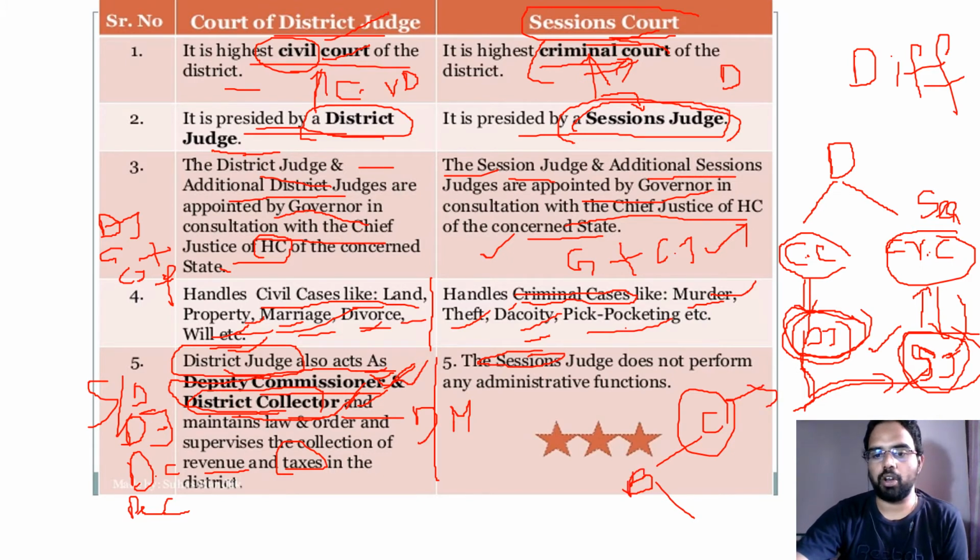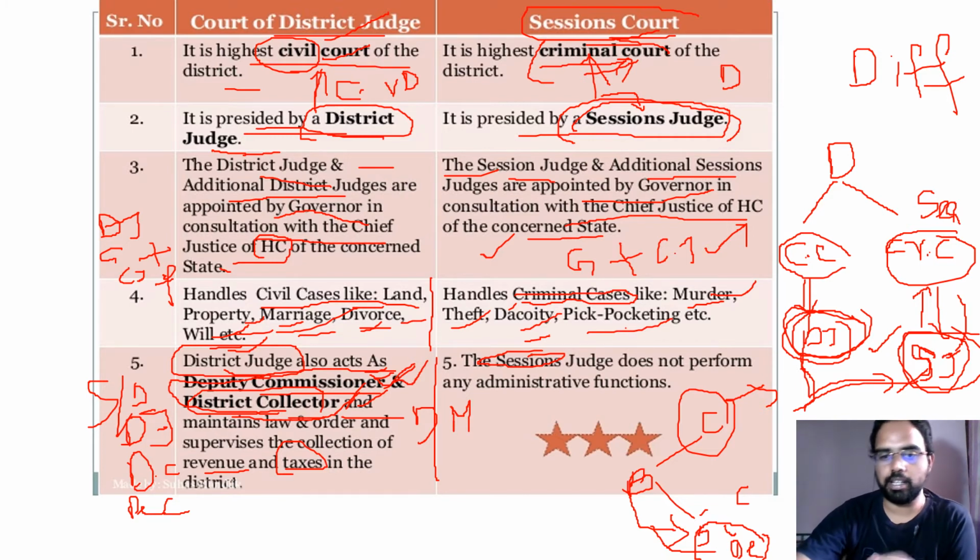But along with civil cases, the district judge can also act as district collector, or he can also act as deputy commissioner. Deputy commissioner and district collector are one and the same. So the district judge or sessions judge will become administratively more powerful than the district collector.